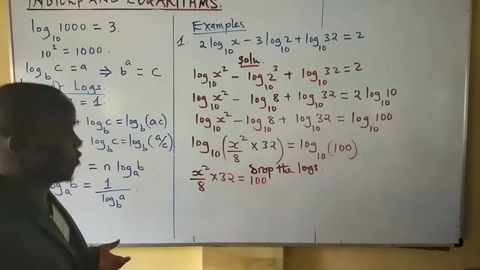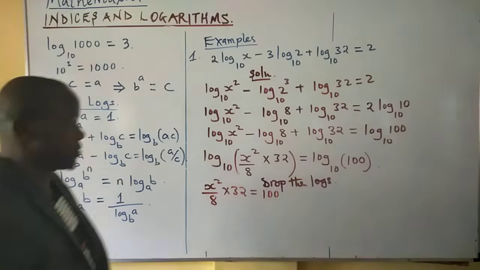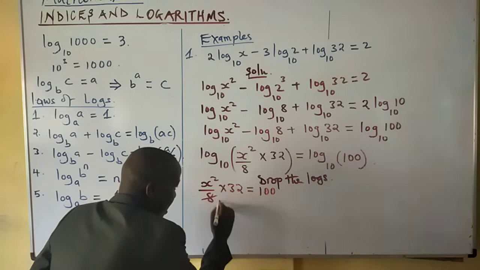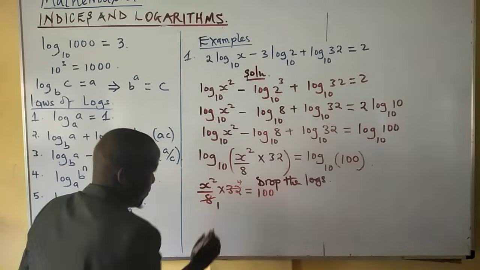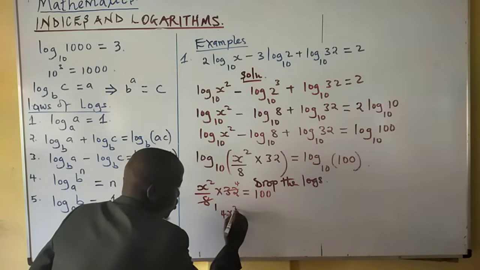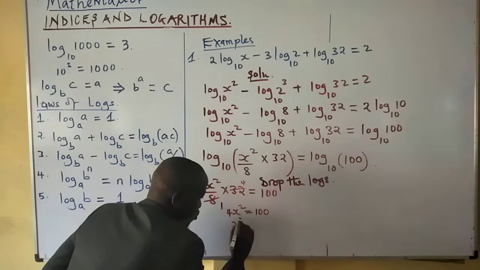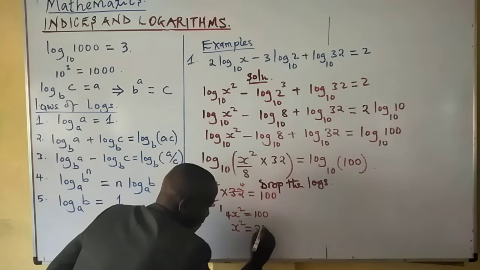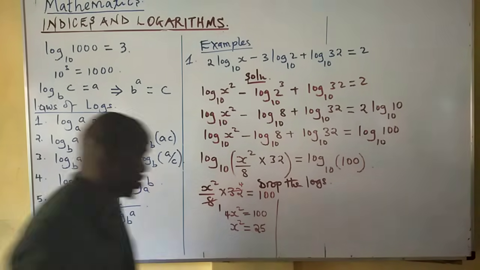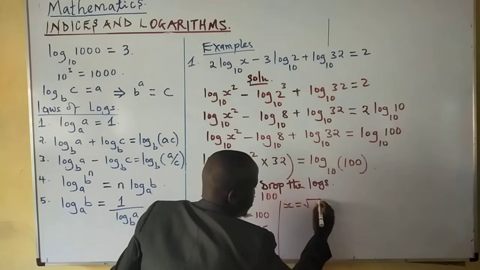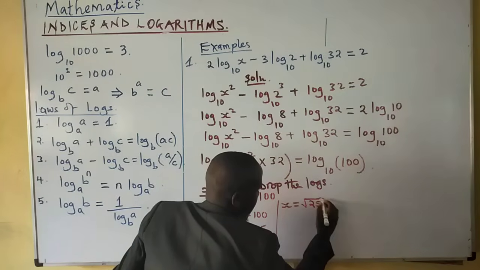So the log to base 10 is dropped now. And with that, we can simplify by 8 into 8 and 4 into 32. Therefore, 4x squared is equal to 100. This gives x squared is equal to 25. Therefore, if x squared is 25, then x will be the square root of 25.